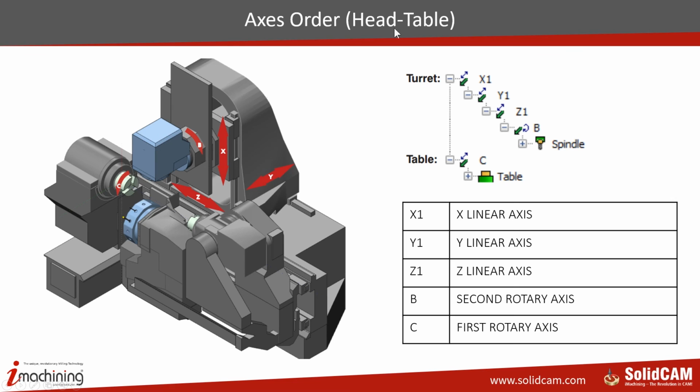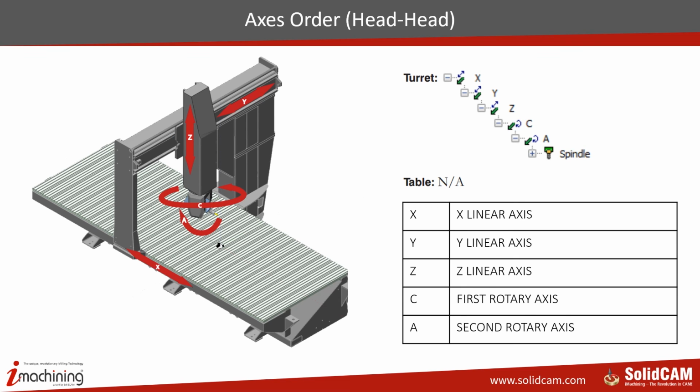The second rule, if we have the head-table machine, in this case I just used the Mill-Turn machine, where the B axis is on the spindle and the C axis is on the chuck or on the table. In this case, the first rotary axis is again the C axis, and the B axis, or the tilting axis, is the second rotary axis. And the third one is the head-head kinematic, where the C axis is the first rotary axis and the A axis is the second rotary axis.